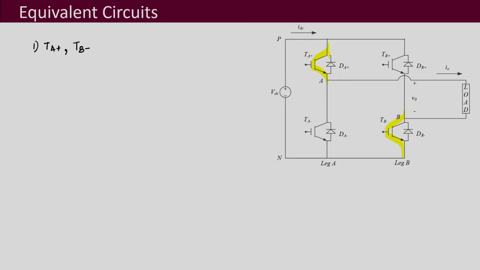Now, the diode may also be conducting. We will see when the diode conducts and when the transistor conducts, but to draw the equivalent circuit, we can consider these as shorted, because we are considering them to be ideal. So, then let us draw the equivalent circuit. The equivalent circuit will be like this.